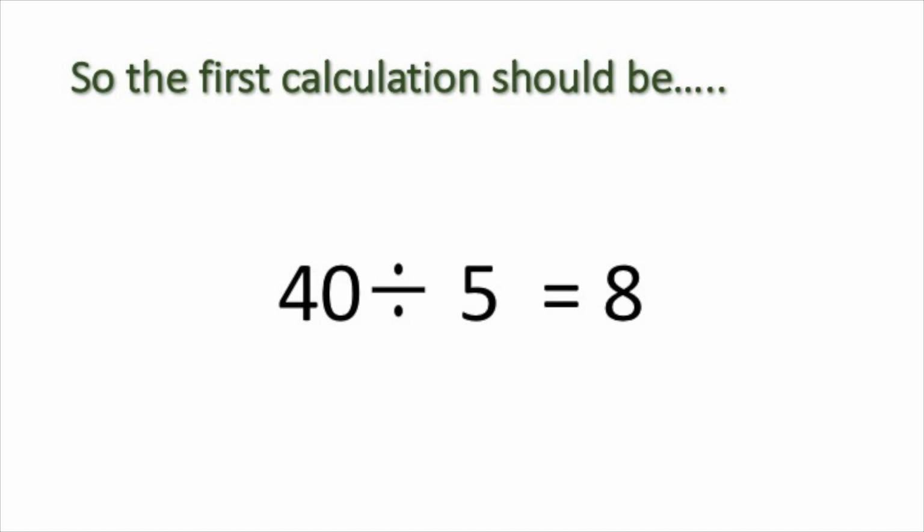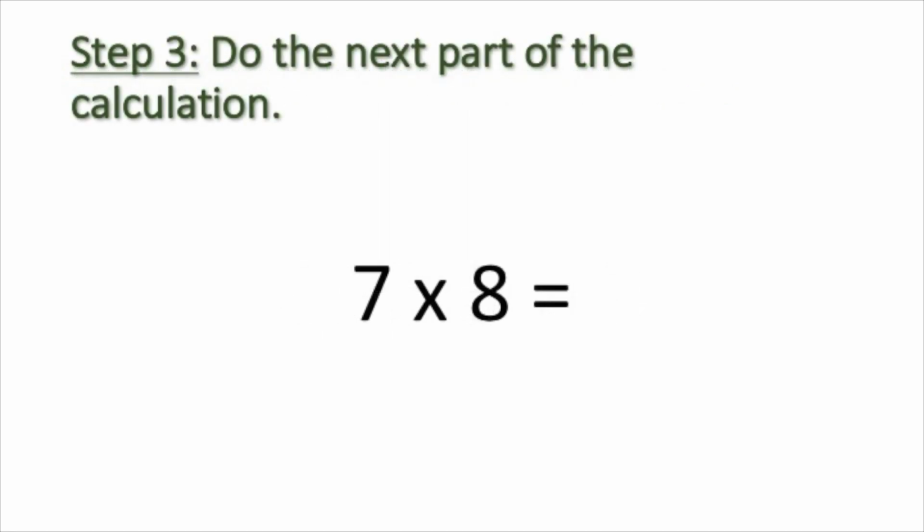So we're halfway there, 8. But not finished yet. Now we have to do the next part of the calculation. 7 times 8. Are you sure? Yes. Are you really sure? Yes. Okay, well let's find out, guys.